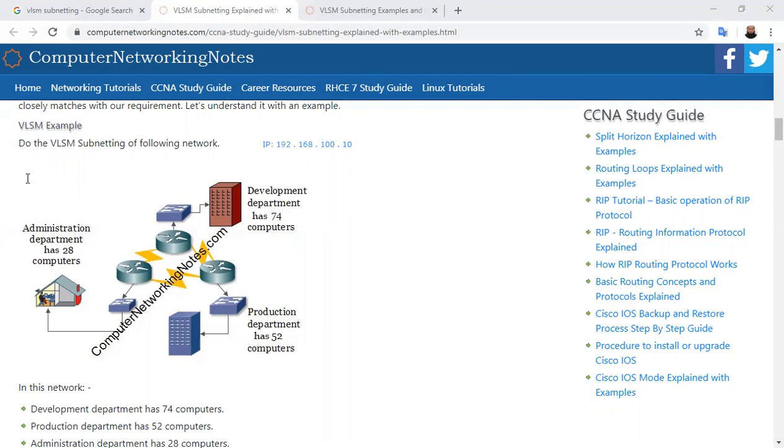This is the administrative department, DEPT is the short form. So for them, I'm going to subnet. Okay.